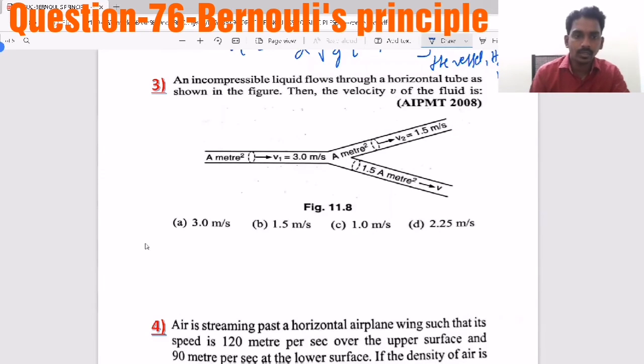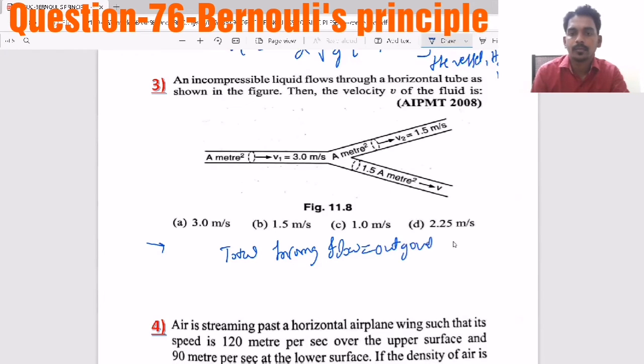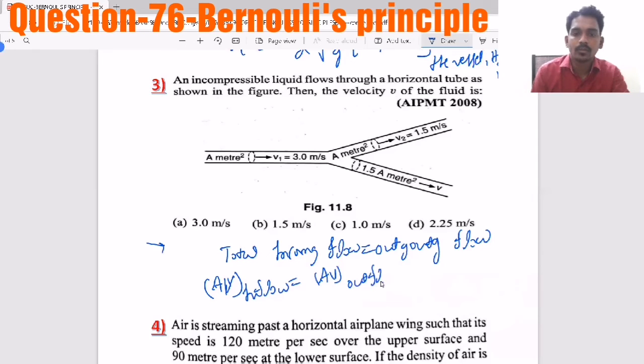Now, this is like a junction rule. At every junction, total incoming flow should be equal to outgoing flow. So incoming should be outgoing, means A into V inflow should be equal to A into V outflow.